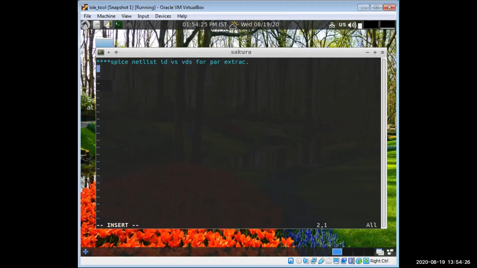After writing the title, we just have to include the model file. We can do .lib or we can do include. Just do .lib and give the path as you did in the previous lab class.